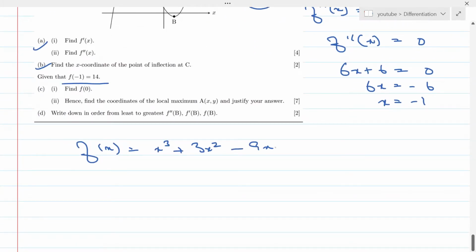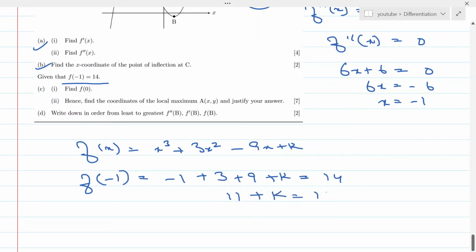I'm going to find out the value of f of minus 1, which is going to be negative 1 whole cube, which is negative 1, plus 3 times negative 1 whole square, which is just 1, so plus 3, and minus 9 times negative 1 would be plus 9, plus k is equal to 14. So I would get 12 minus 1, 11 plus k is equal to 14. So my k is going to be 3.